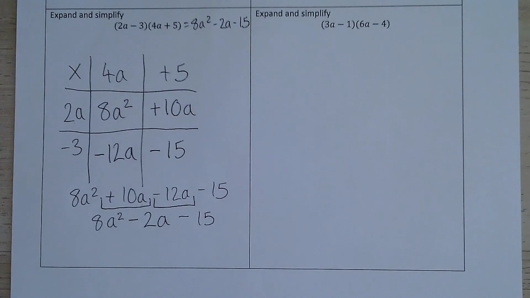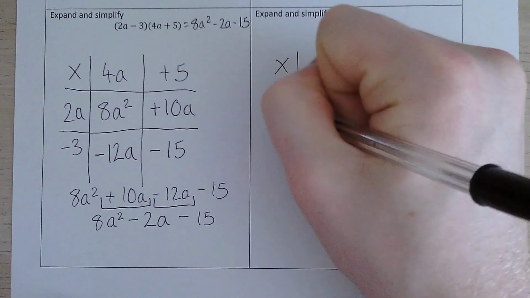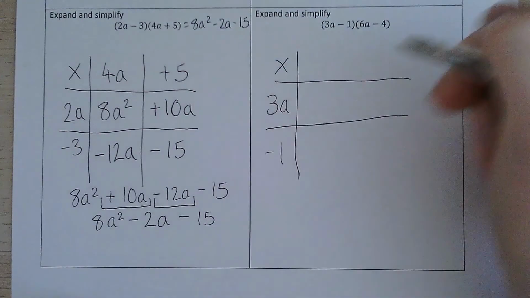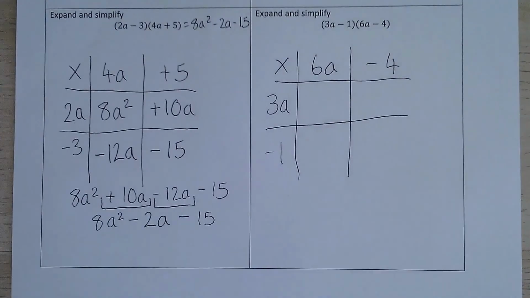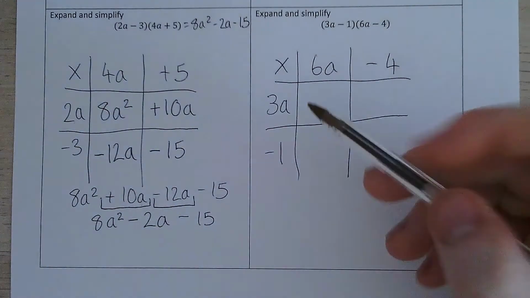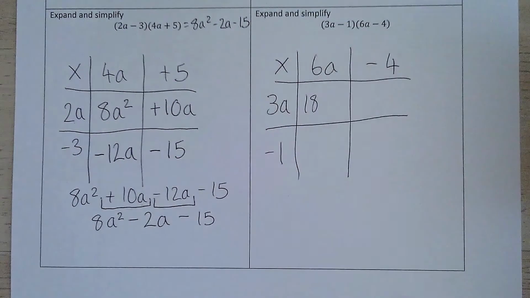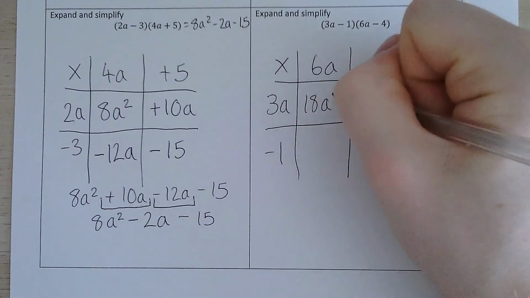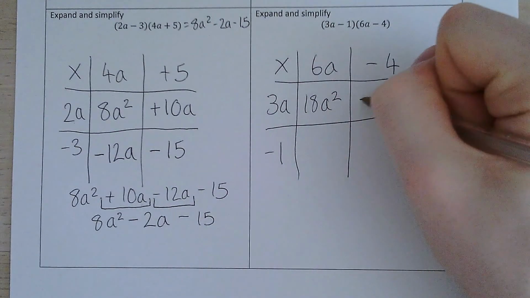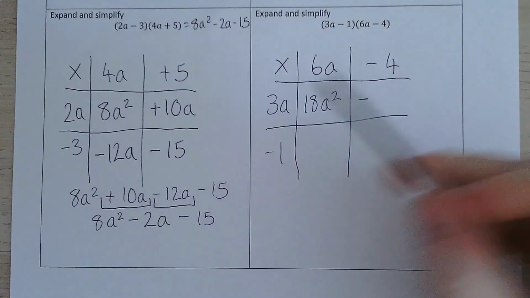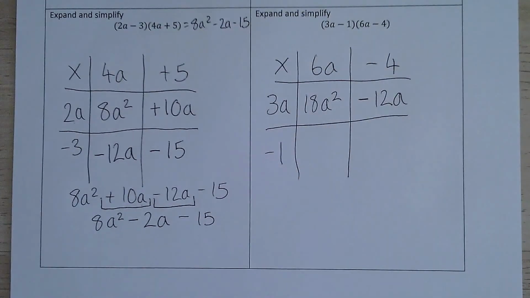And on to today's final question. Again, we start off by drawing our grid, 3a minus 1 on the left, and 6a minus 4 across the top. 3a times 6a, 3 times 6 is 18, a times a is a squared. 3a times minus 4 will give us a negative answer. 3 times 4 is 12, and a is the only variable.